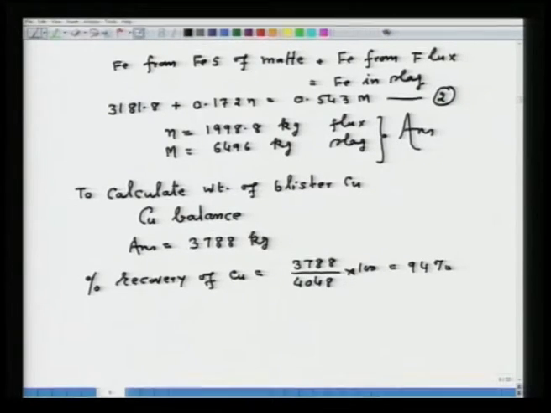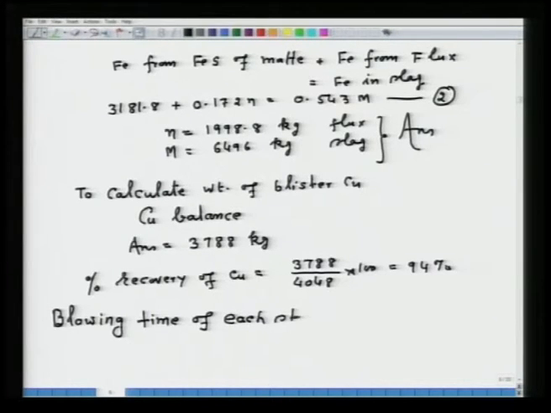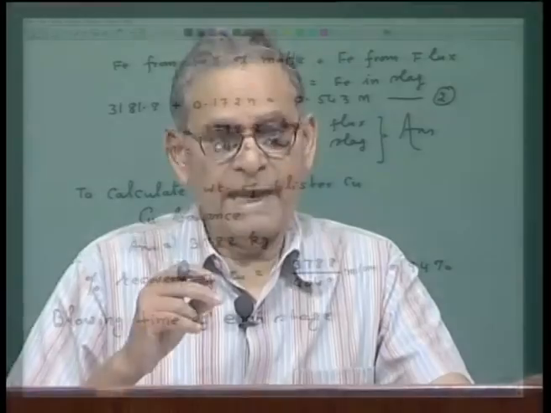Now, next we have to calculate the blowing time of each stage. Each stage means, as in other problems, we have the slag formation stage and the blister copper formation stage.